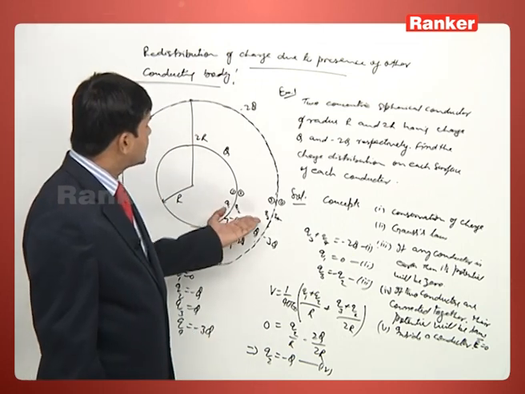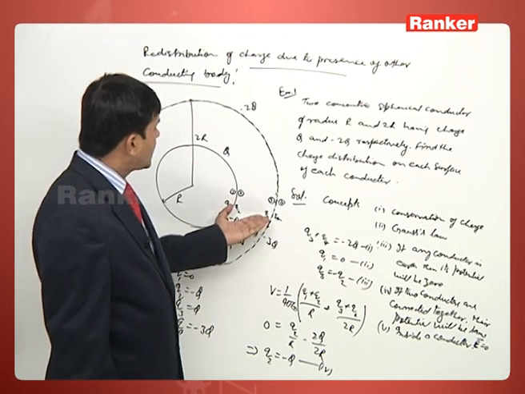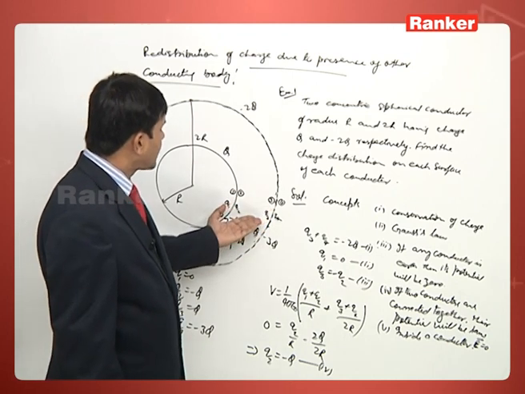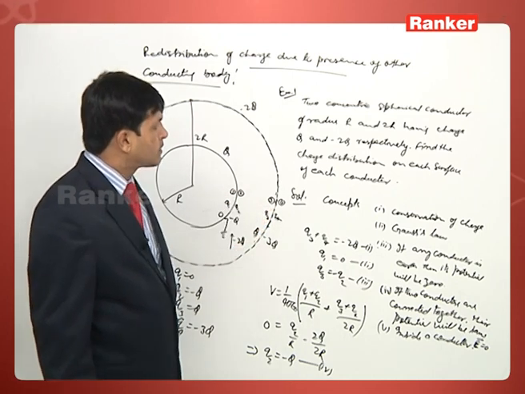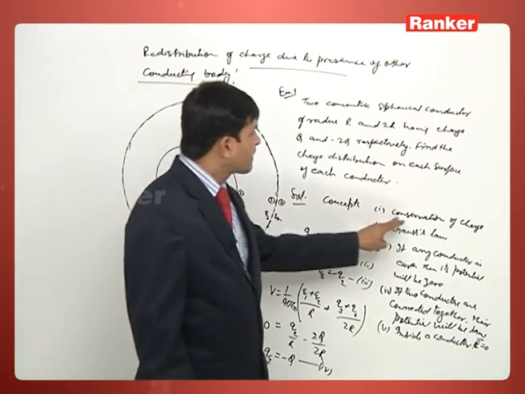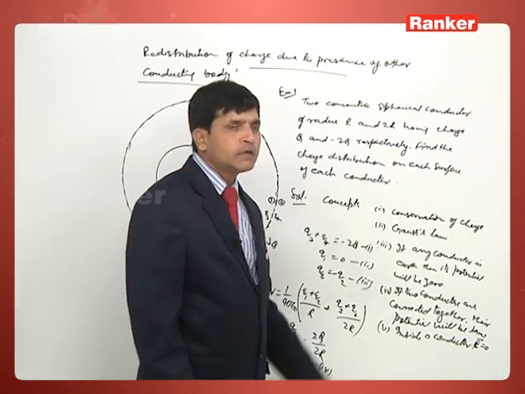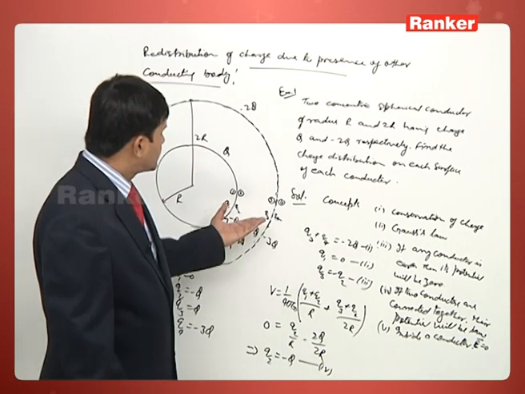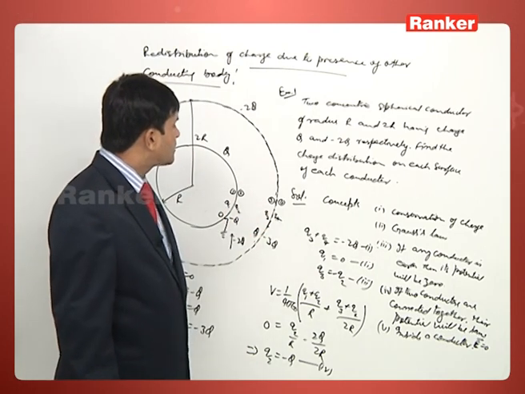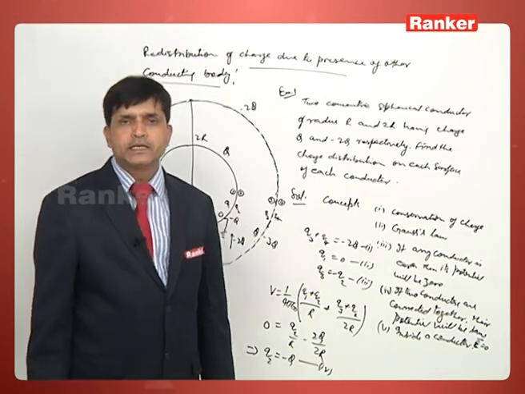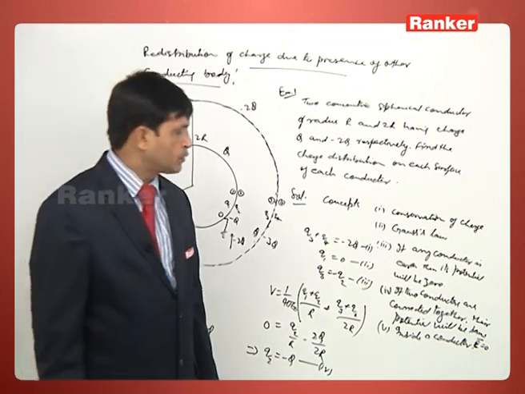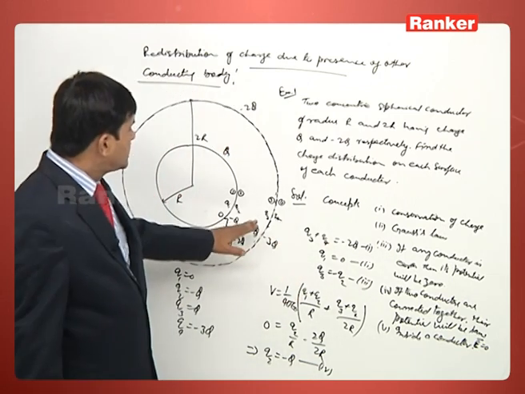So you can save your time as well as equations by directly writing that facing surfaces have equal and opposite charge, and it comes by using Gauss law, and it is compulsory because otherwise the electric field inside the conductor cannot be zero. Now these are the three situations.